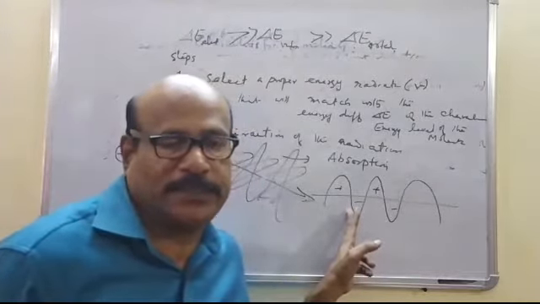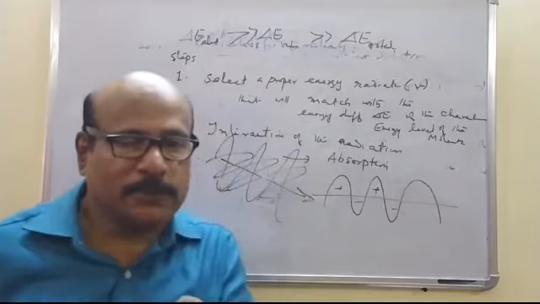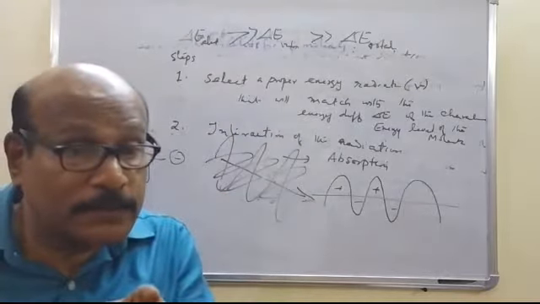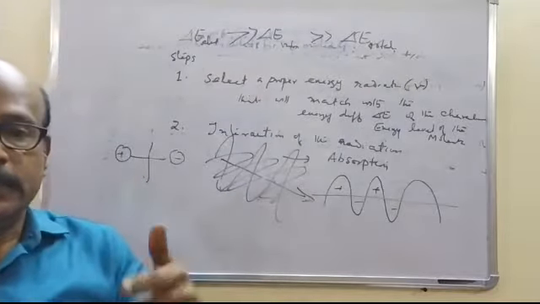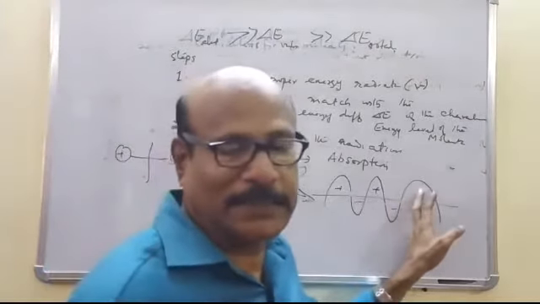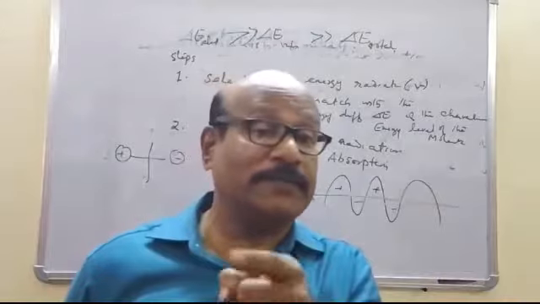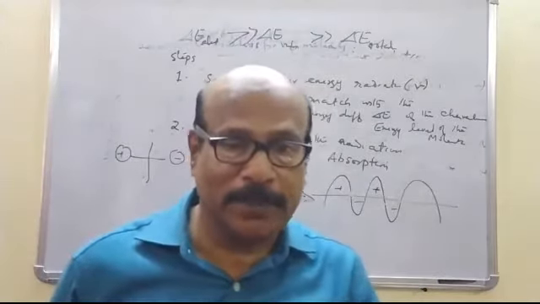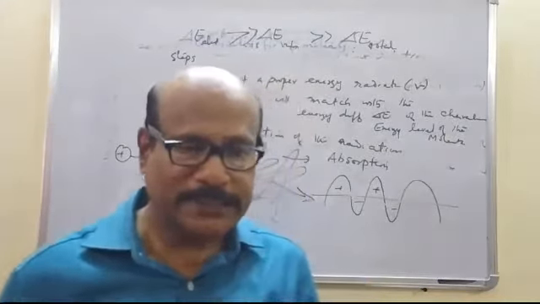Okay? And the microwave has an oscillating electric field too. This oscillating electric field interacts with the oscillating electric field of the rotating molecule having the permanent dipole moment. Thereby the energy is absorbed from the radiation.